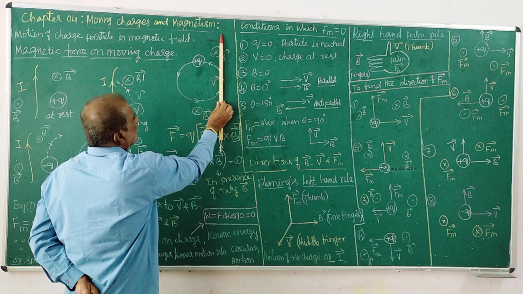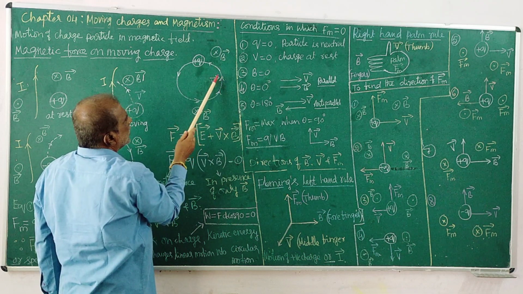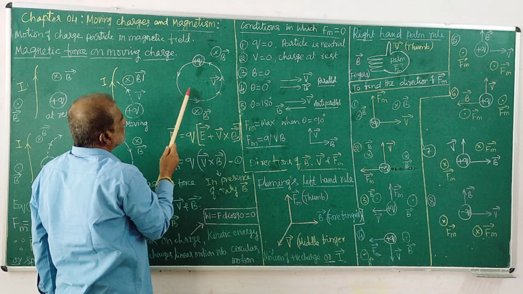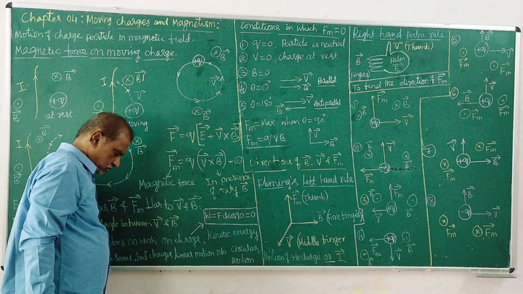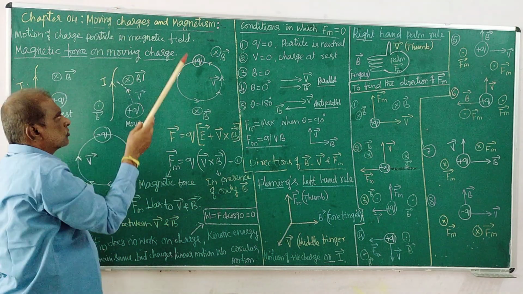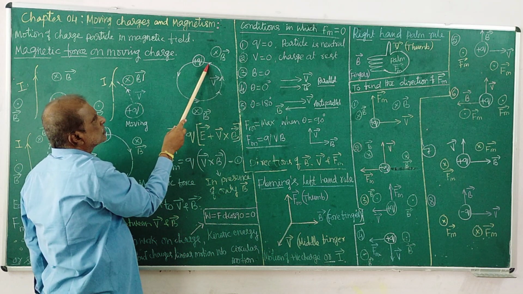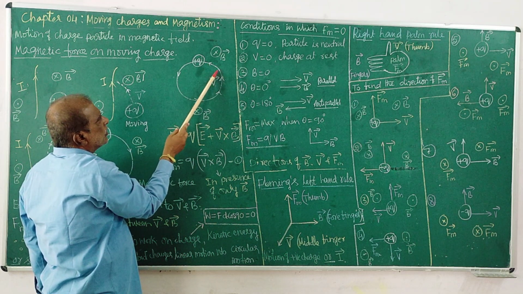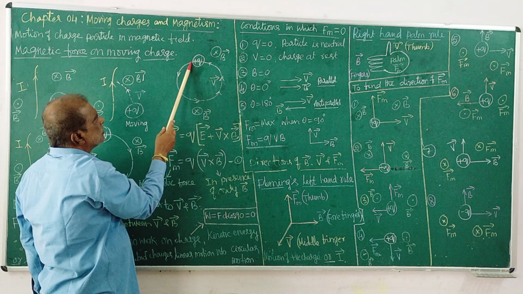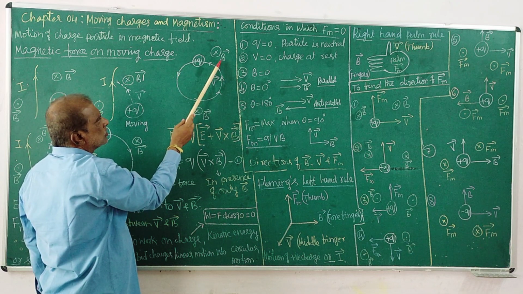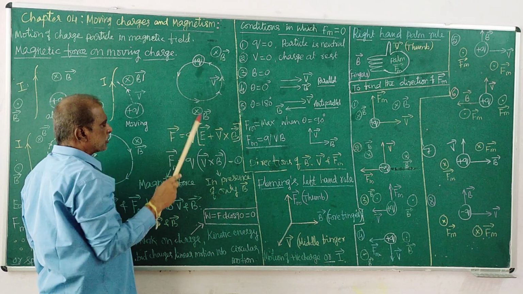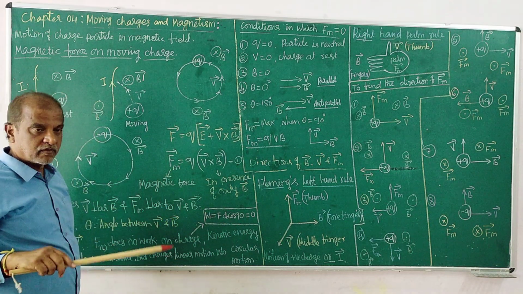It is initially linear, and it is deviated at all points. That is the change of direction, the deviation because of the magnetic field. The angular deviation at every point remains the same because the value of B remains the same at every point. Uniform magnetic field.